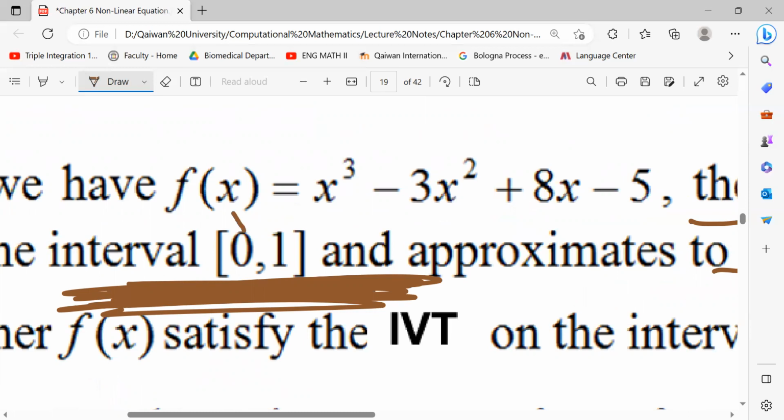We need to find f of 0 and f of 1. If one of them is negative and the other one is positive, their multiplication is negative, and by using the intermediate value theorem, we have a solution. And then we apply bisection. We must first check that and then apply the bisection method.